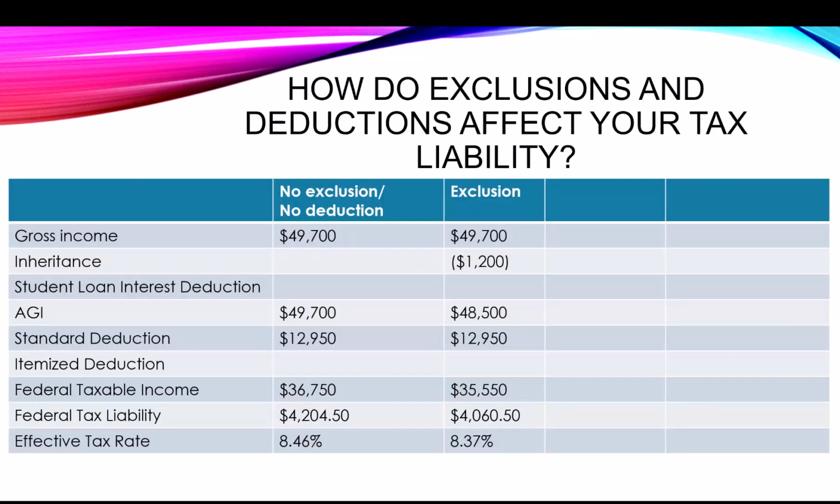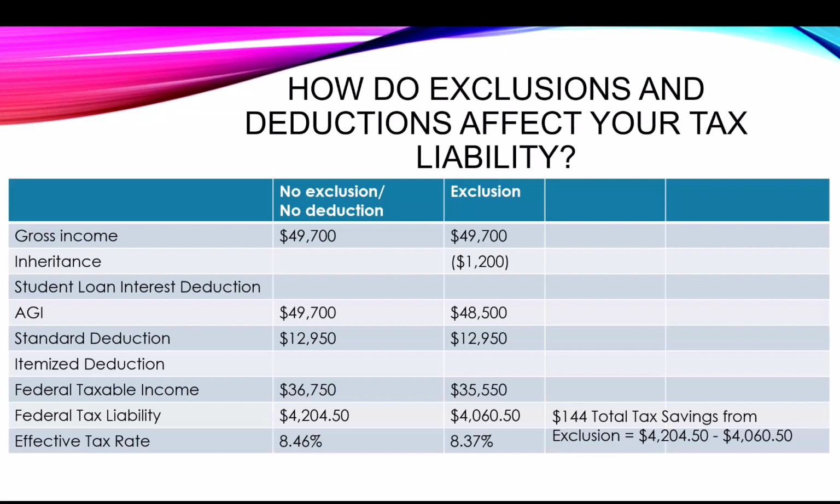Finally, we can finish this off by calculating his effective tax rate, dividing the $4,060.50 by his gross income of $49,700.